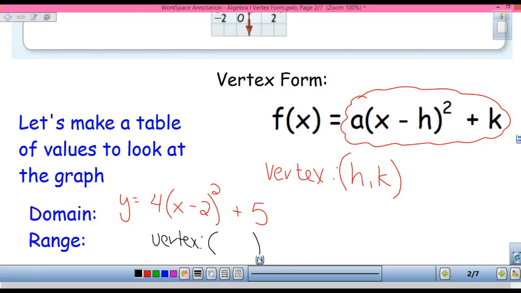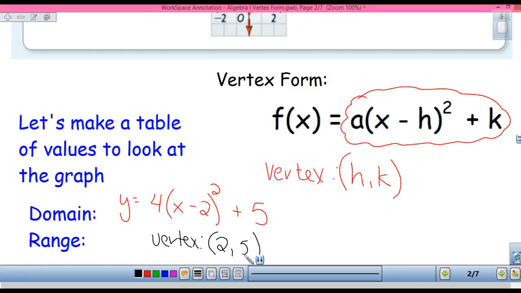No, what is my h? 2, right here. It says 2, right? Because it says x minus h. This says x minus 2, so my h is 2. Okay, and then on the end is plus k. This is plus 5. So my vertex is 2, comma 5.